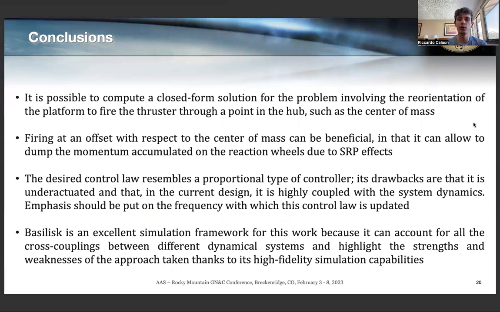And the desired control law resembles a proportional type of controller. Its drawbacks are that it is underactuated and that in the current design, it is highly coupled with the system dynamics. And as I was saying, Basilisk is great at emphasizing all these details that would not be obvious if we had made any assumptions on how these different components interact with each other.